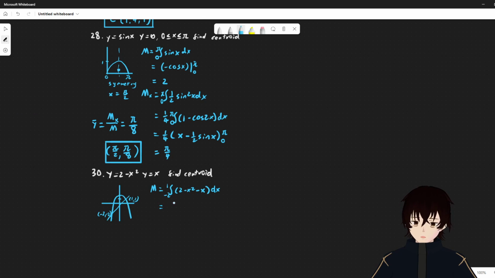So that's going to be equal to 2x minus 1/2 x squared minus 1/3 x cubed from -2 to 1, which is equal to 2 minus 1/2 minus 1/3 minus -4, wait, minus 2 plus 8/3.